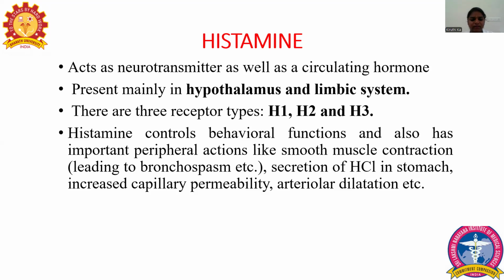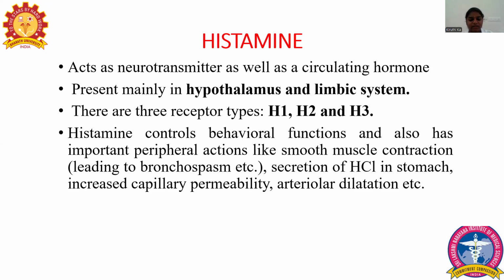Next we'll see histamine. Histamine is a neurotransmitter as well as a circulating hormone. Histaminergic neurons are present mainly in the hypothalamus and limbic system.